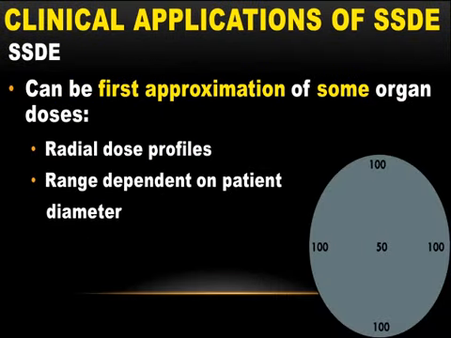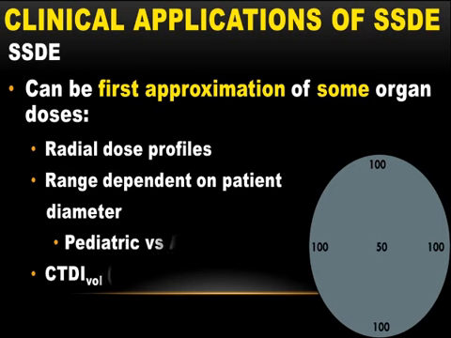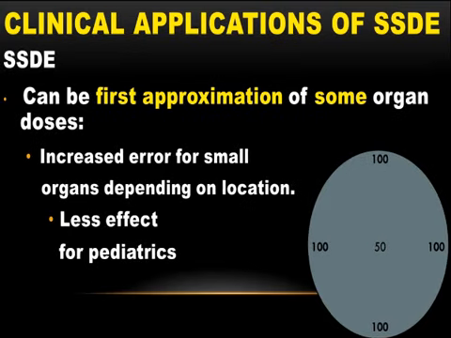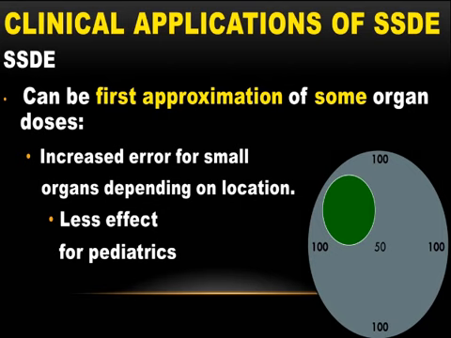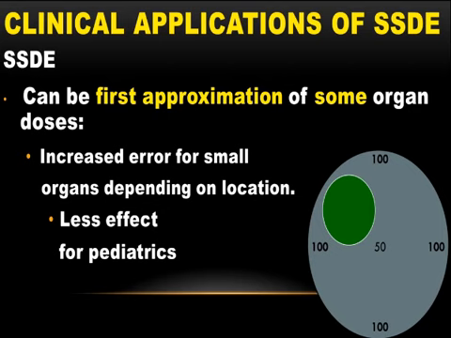Remember, we've got this radial dose distribution, and that radial dose distribution is more pronounced for adults than it is for kids. All right? So it's less of an issue for kids, but let's assume that's my organ. It's relatively large, and the 83 milligray average that I came up with initially when I did the CTDIW is probably not a horrible estimate of the average dose to that large organ that encompasses both inner radii and outer radii.